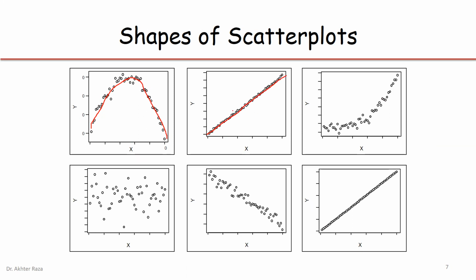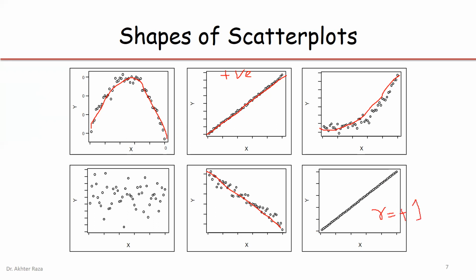It may have a positive relationship with the suggested value of 0.9 or above. This is a non-linear relationship with strong correlation. This is a negative linear relationship. This is a perfect positive. We can say that the relationship here is plus 1.